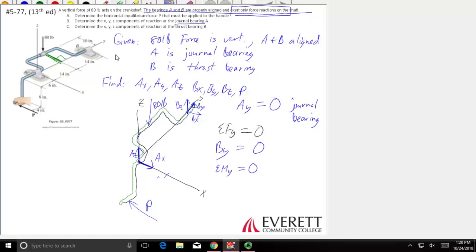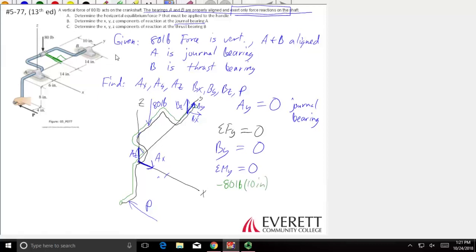I'm then going to put my thumb in the positive direction of the y-axis and point my fingers along that green line that I just drew. Would the 80 pounds tend to curl them back? So it would be a negative force. So I'm going to say negative 80 pounds times the distance, which is 10 inches.